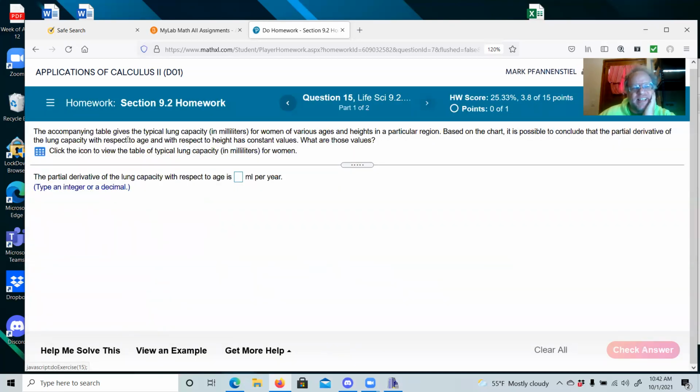All right, let's see. The accompanying table gives lung capacity for ages and heights for a particular region. Based on the chart, it is possible to conclude that the partial derivative of lung capacity with respect to age and with respect to height has constant values. What are those values?